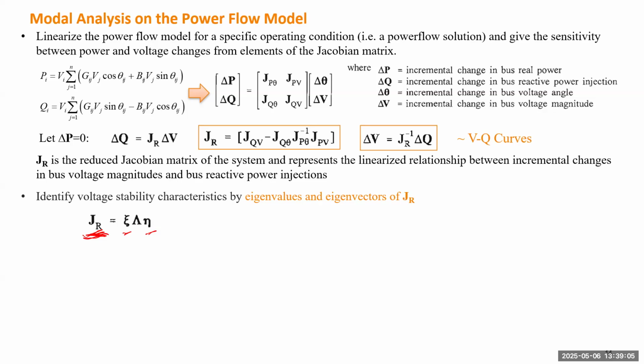And the Λ here will be a diagonal matrix. So if we can decompose this JR into the product of three matrices, and the middle one will be the diagonal matrix, which means it can be diagonalized. So that diagonal matrix will have all the entries on the diagonal being the eigenvalues. And that ξ on the left-hand side or η on the right-hand side basically tell the eigenvectors.